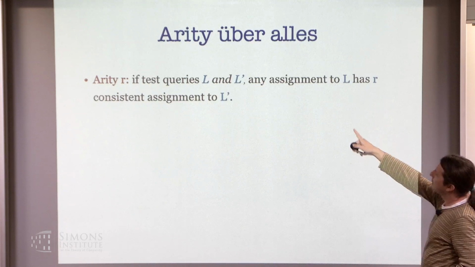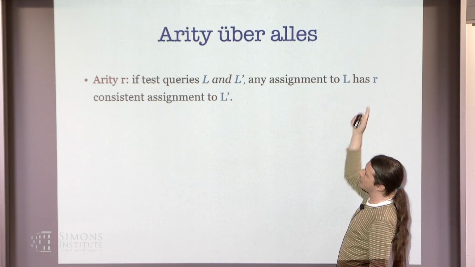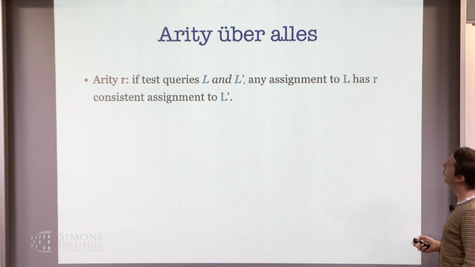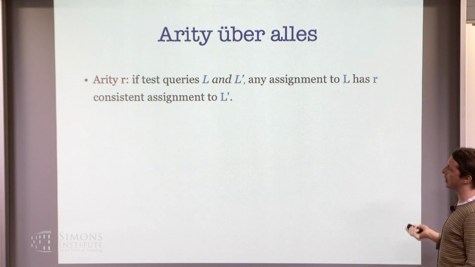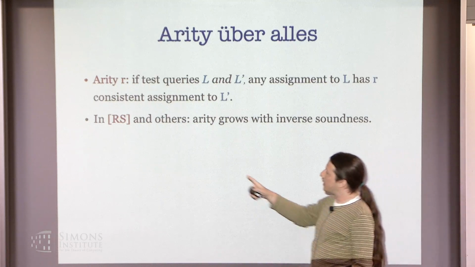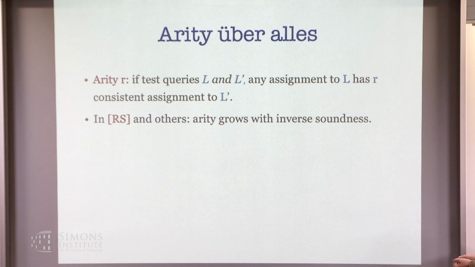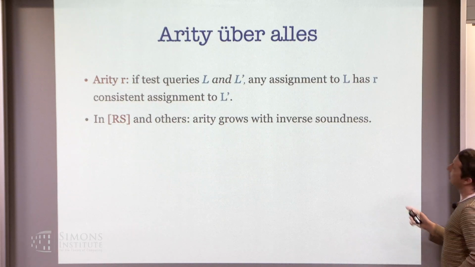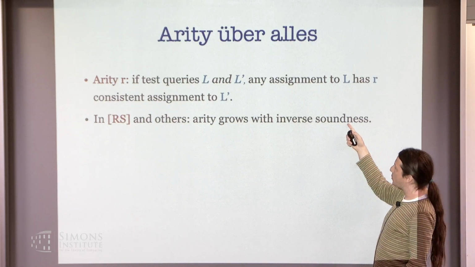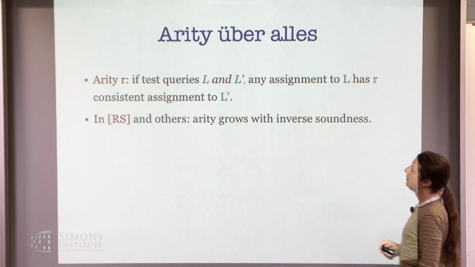Right, so the definition of the Arity is what I said. You fix an assignment for one variable, and there could be only R options for the other variable. So in Raz Safra, when they tested 2 planes, if you wanted low soundness, then you had the Arity larger.